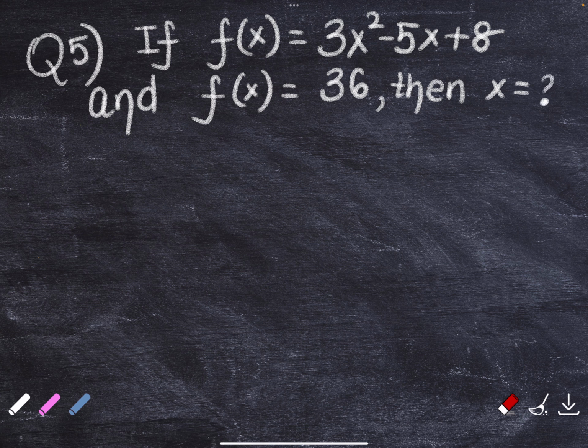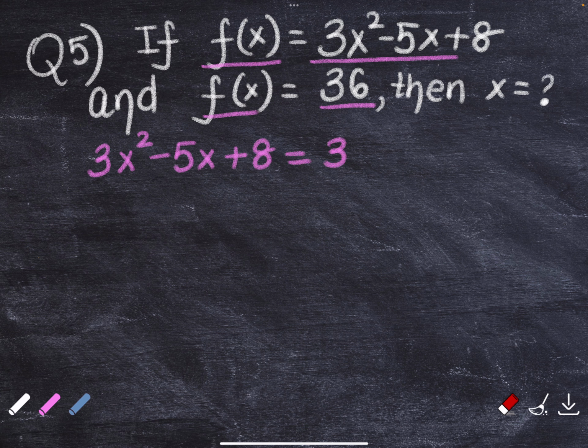So because both of these expressions are equal to f of x, this is f of x and this is also f of x, can I put them equal to each other? So I can put them equal to each other because they both are equal. 3x squared minus 5x plus 8 equals 36 because they both are f of x. So now we can see that this is a quadratic equation which is not equal to 0.